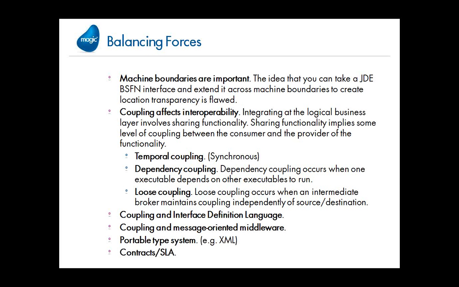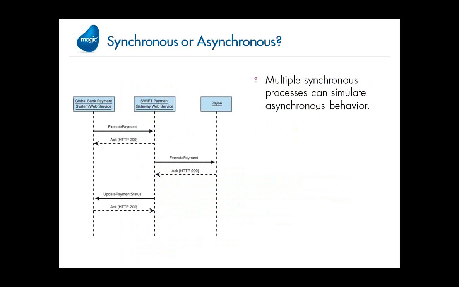And so the coupling in the interface definition language, for example, the interface definition language of J.D. Edwards in Enterprise 1 is the business functions, the BSFN. But the third-party systems don't speak BSFN. They don't know how to communicate with that. So you need the message-oriented middleware, the coupling to take place, some kind of platform that sits in between, and that's where the Magic XPI integration platform is coming into play. Some question about synchronous versus asynchronous.